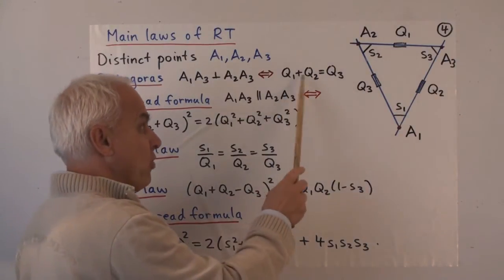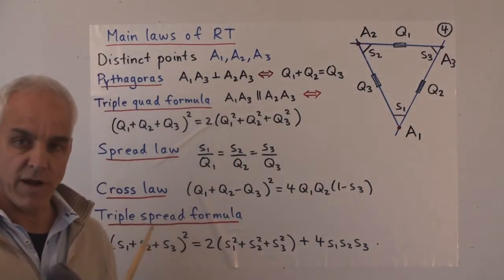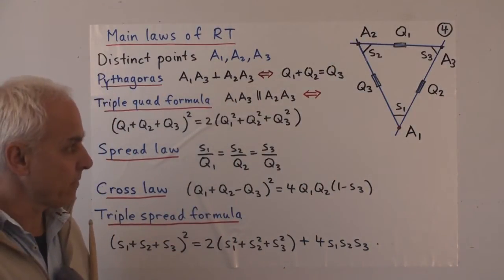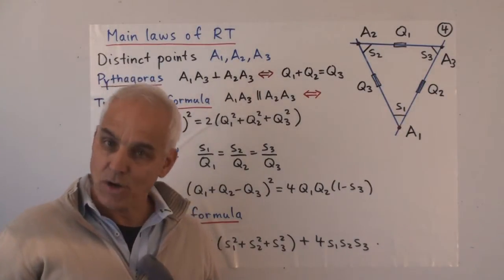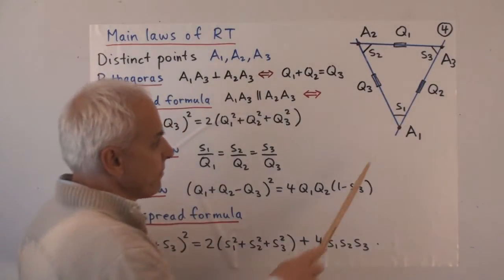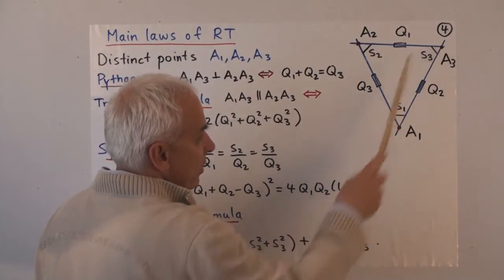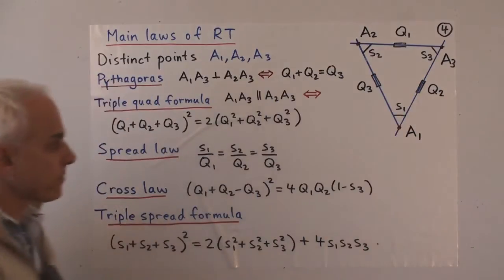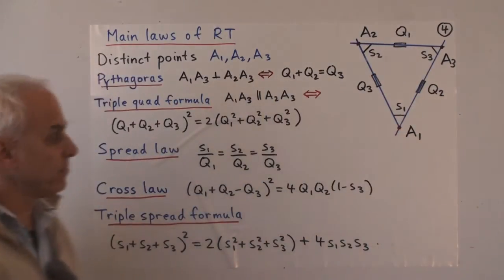And conversely, if Q1 plus Q2 equals Q3, then the spread is 1 and the lines are perpendicular. That's Pythagoras' theorem. That's actually more in keeping with the way Euclid thought about it originally. Q1 plus Q2 equals Q3. That's equivalent to this being a spread of 1.